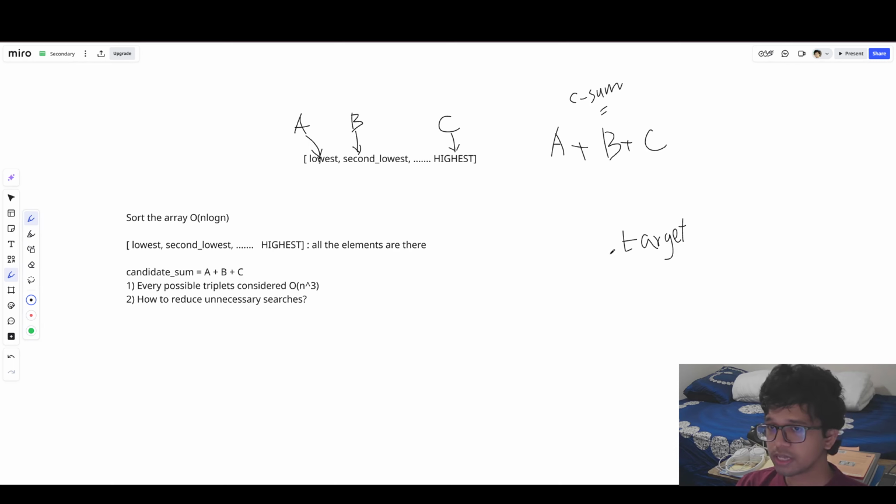If our candidate sum is below the target for this combination A, B, C, just observe this carefully.